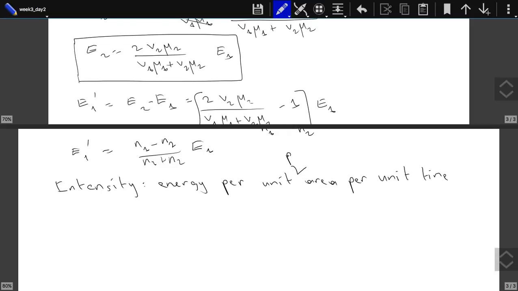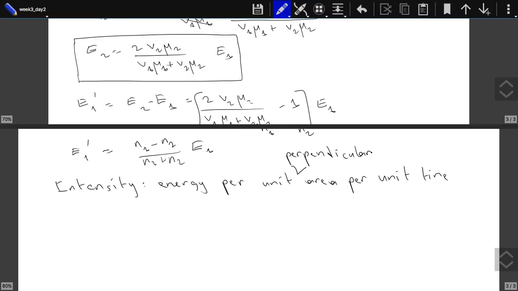Well, per unit perpendicular area, let's say. It's basically the Poynting vector, more like energy flow.